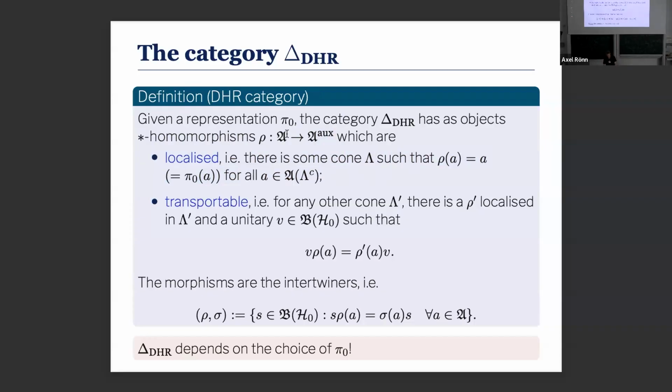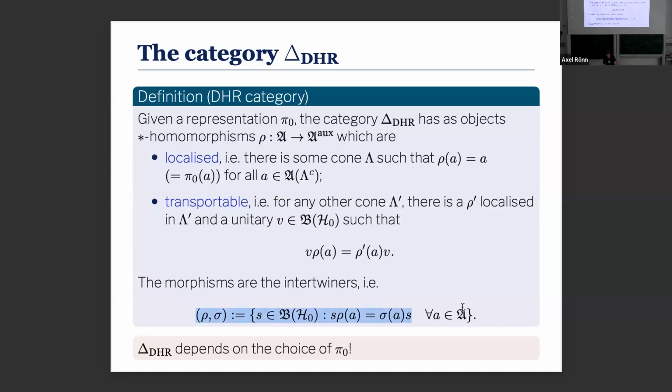Instead of star homomorphisms from A into this algebra, I could have just taken the endomorphisms from the auxiliary algebra to the auxiliary algebra. That would amount to the same thing. But from a physical point of view, we only really care what the algebra represents.